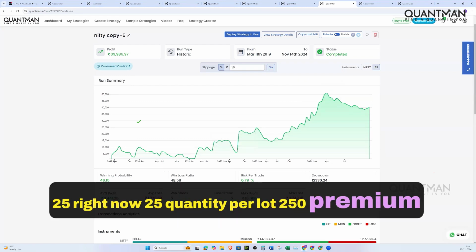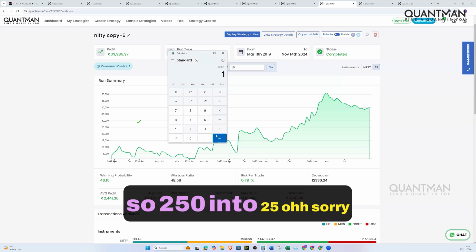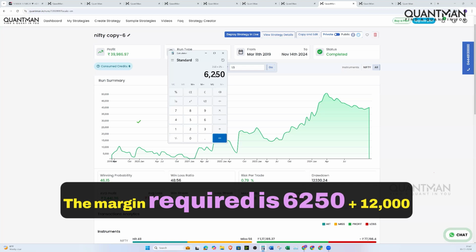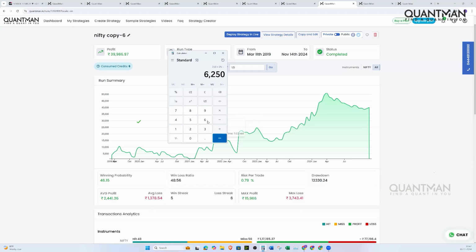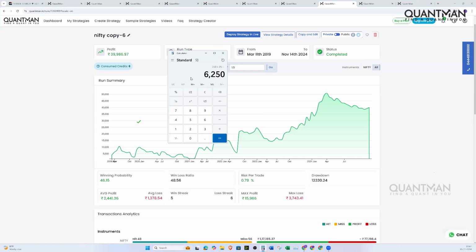Right now, 25 quantity per lot, 250 premium, so 250 into 25. The margin required is 6,250 plus 12,000 drawdown, around 20,000 for a single lot. Actually, this is not a fixed margin. It changes from time to time.